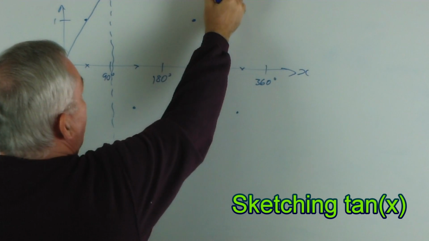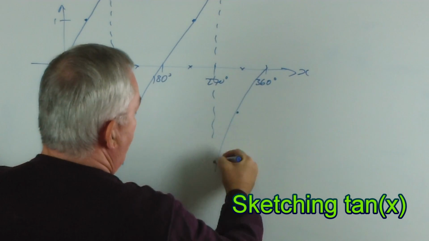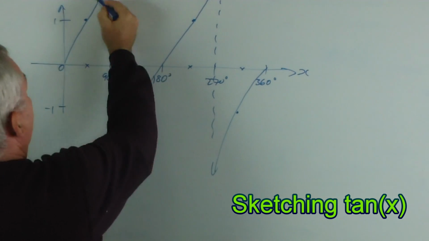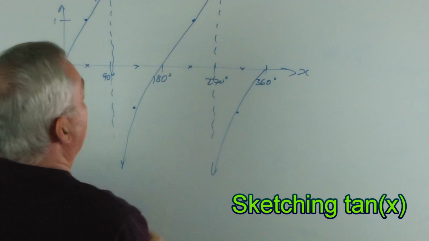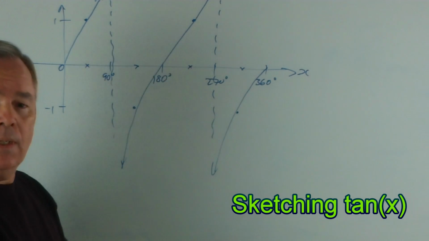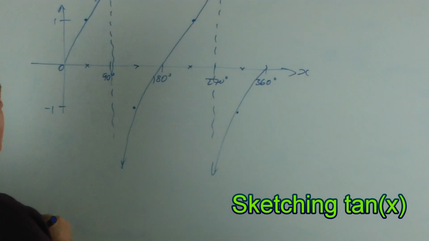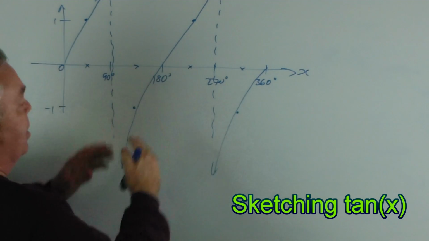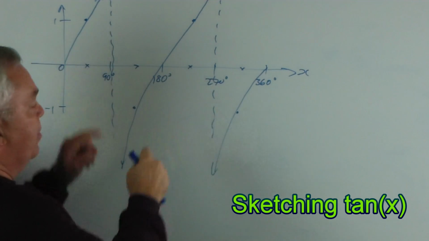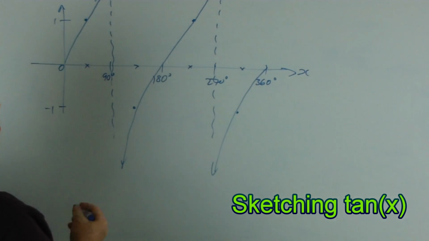It will come down through 0 and through there and through there. And there's your tangent curve. It's very, very useful to be able to draw that in about 20 seconds as well. Because of the asymptotes and the extra points, it may take you as much as 25 seconds. But learn to time yourself and graph it.